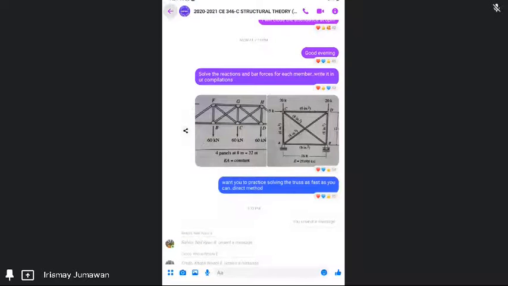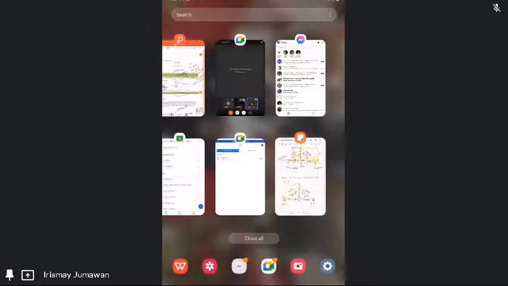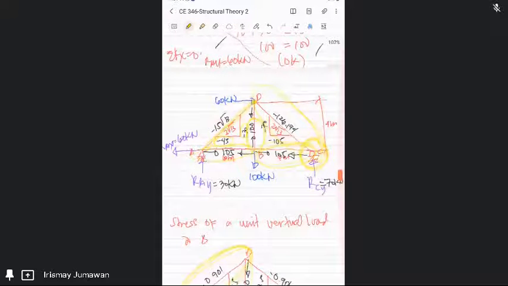So, this meeting, I will give you an example for solving the indeterminate thing. At least nakakuha na mo, check na mo sa degree of determinacy. So, then, one input lang ng bar force.